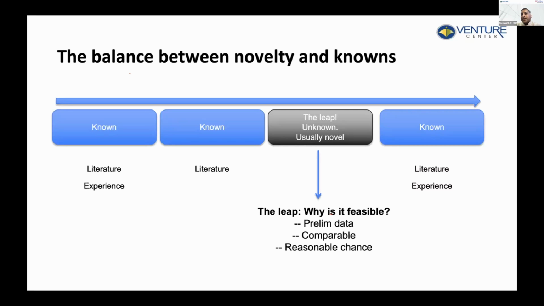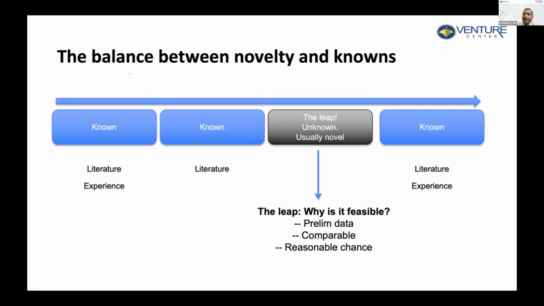So this is how you would use it in a BIG application, which is that you have clarity that your know-how has so many parts, and which is novel, which is the location where you're making a leap in terms of the unknown. And this is the one typically that you're going to prove, right? So some of your proof of concept studies will focus on this unknown.